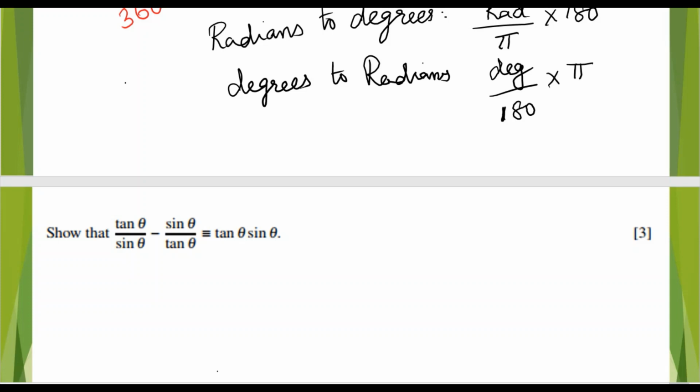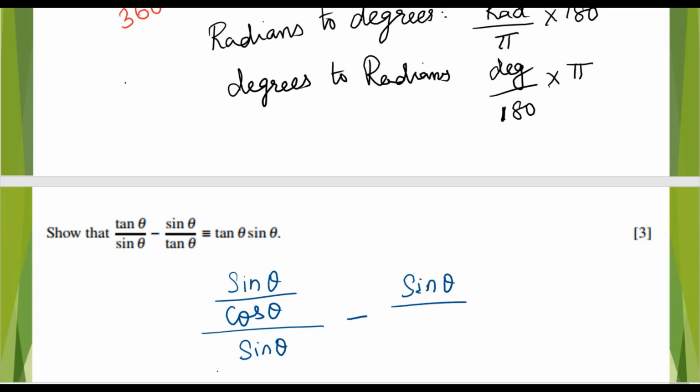So tan theta can be written as sine theta divided by cos theta. So sine theta by cos theta divided by sine theta, minus sine theta divided by sine theta cos theta.